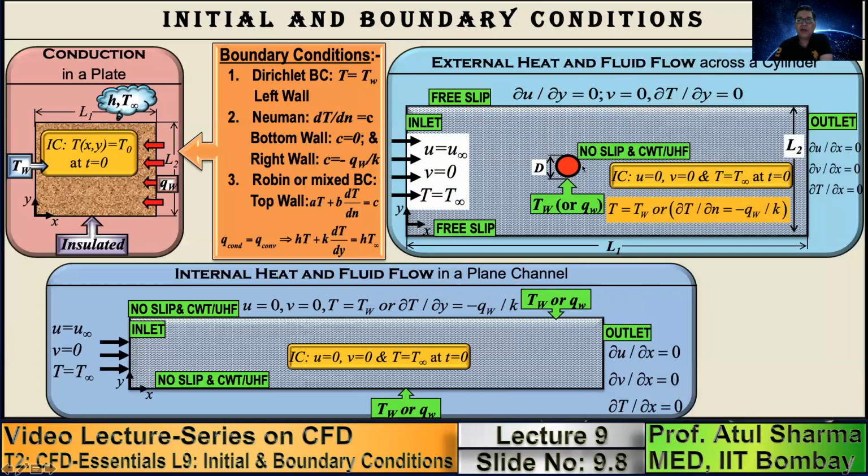In an external flow problem, the wall of the cylinder is subjected to constant wall temperature or constant heat flux, whereas in an internal flow, the channel wall is subjected to constant wall temperature or constant heat flux. So with this, I had presented the boundary conditions for conduction, external and internal.